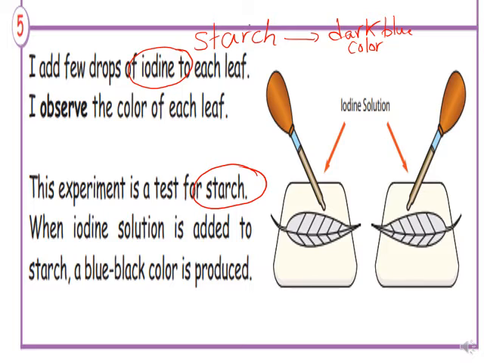When iodine is added, a blue-black, or let's say dark blue, color is obtained, indicating the presence of starch. This means that photosynthesis occurred and we have the production of organic matter.